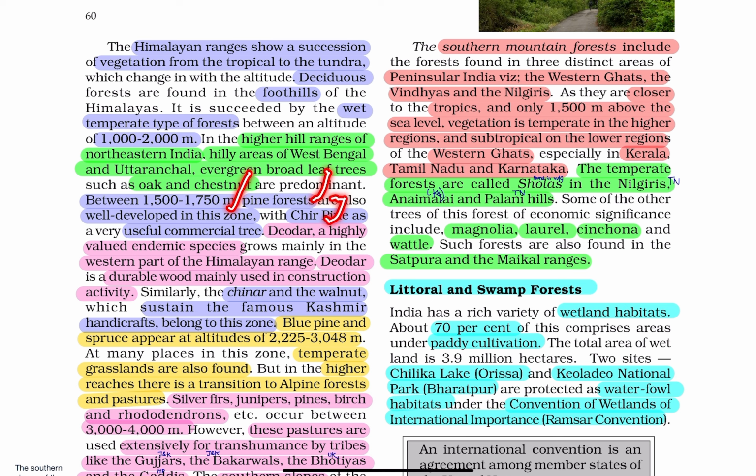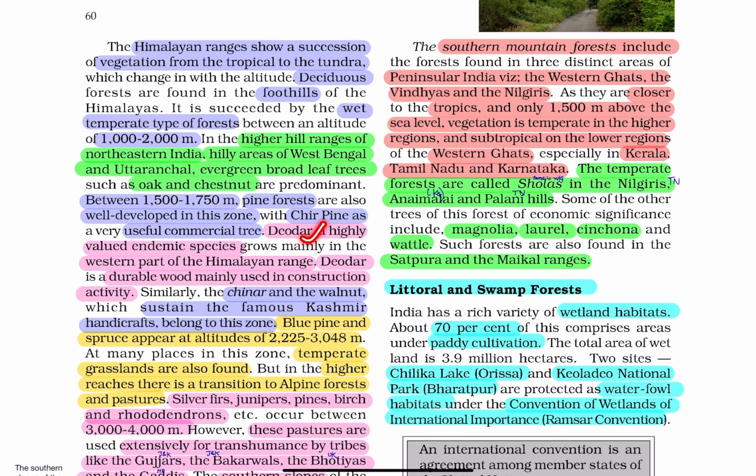And we have read earlier that in several places the oak vegetation was replaced by the pine vegetation because the British wanted to lay the railway lines. So the forests were replaced for commercial use. Then comes the example of deodar.